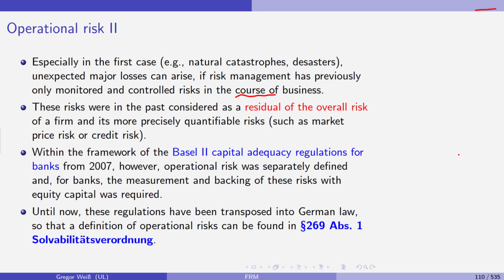So Basel II banking regulation came about, around the mid-2000s, and said, okay, we have to first of all define what this residual of overall risk is. What else do we have besides market risk and credit risk?